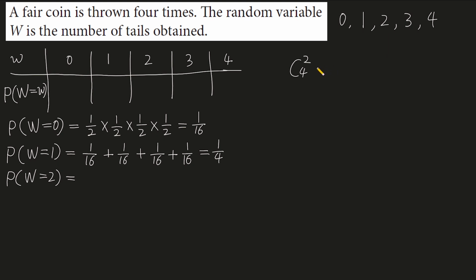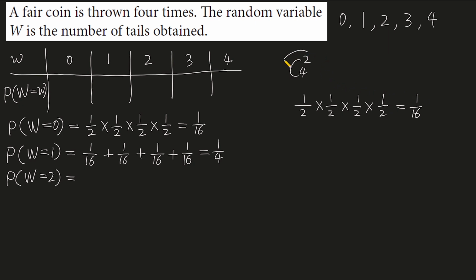And in each way, we calculate the probability that the two terms we choose are tails and the other two terms are heads. The probability that the two terms we choose are tails and the other two terms are heads is 1 over 2 multiply 1 over 2 multiply 1 over 2 multiply 1 over 2 equals 1 over 16.